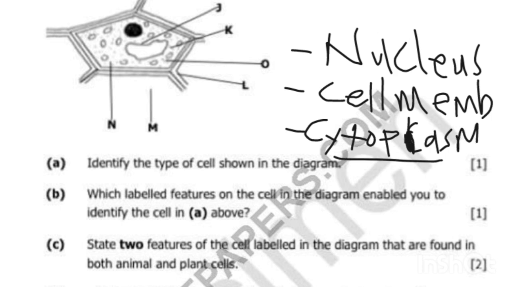So these are the three common parts found in both cells. Collectively, these three are called protoplasm.